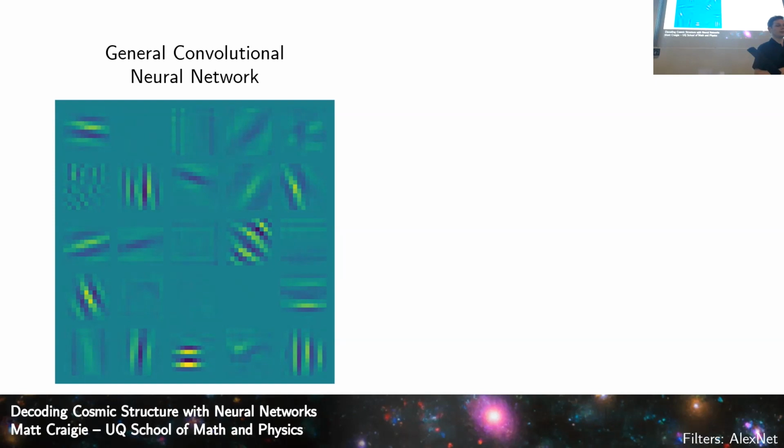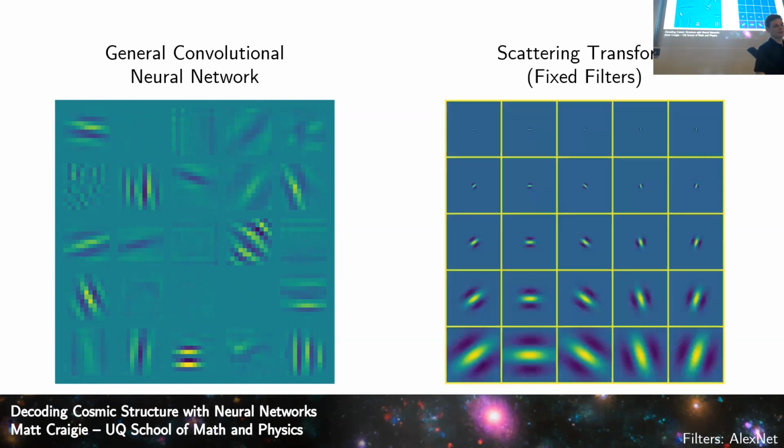So if you want to skip the whole learning process for the convolution filters, we can actually do that. One way is to use a scattering transform. This is a method I've been using a fair bit lately. There are a couple more parts in the background, but essentially it works as a convolution network with fixed convolution filters. And there are a few advantages to doing it this way.